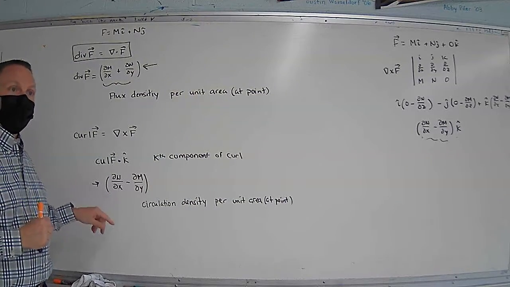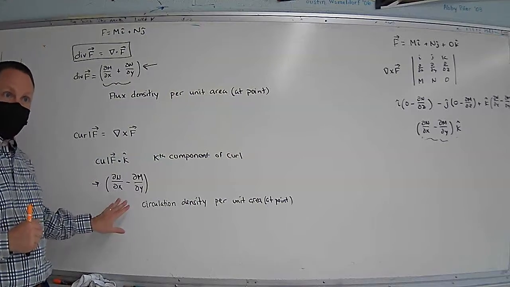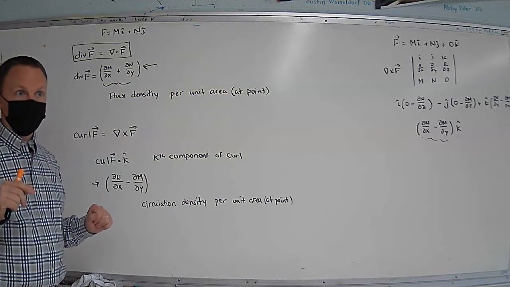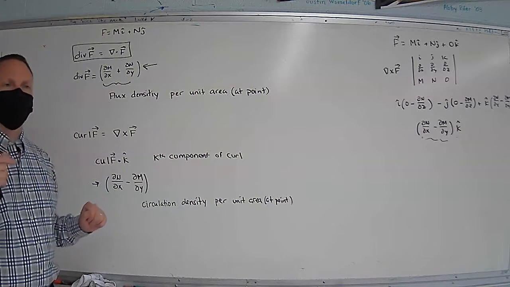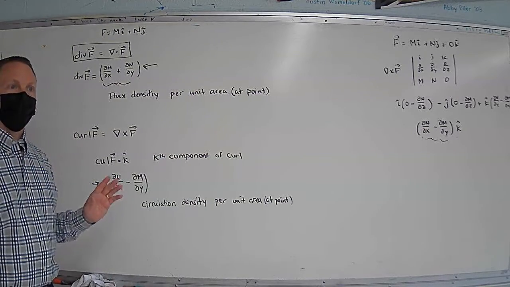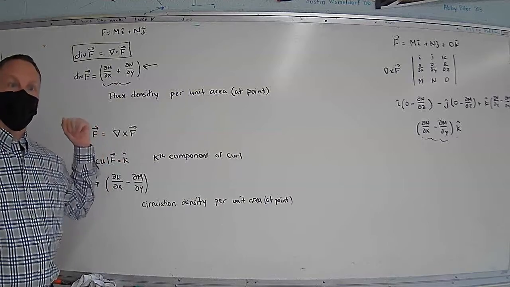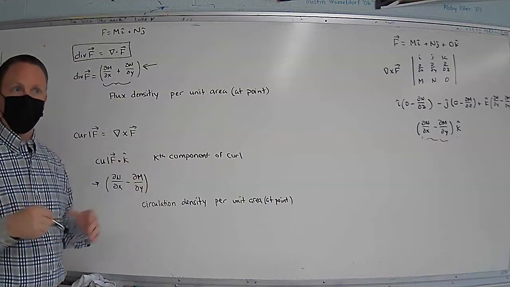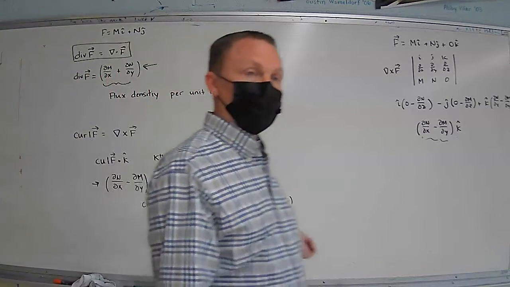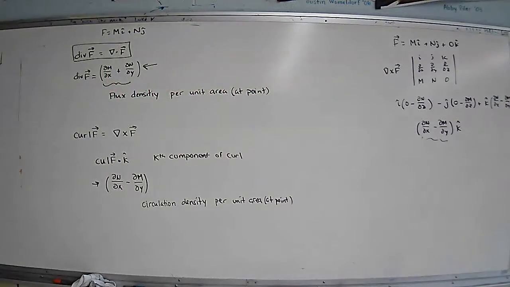If this is negative, it's clockwise. Did I say counterclockwise the first time? I think the first time you said clockwise. Clockwise is negative. Counterclockwise is positive. It goes kind of against what you want it to be. You want counter to be negative, but it's positive. If this quantity is 0, there's no rotation at all.